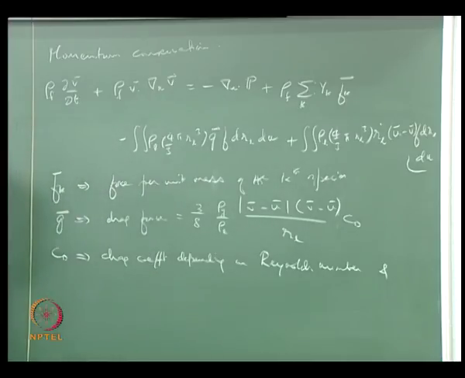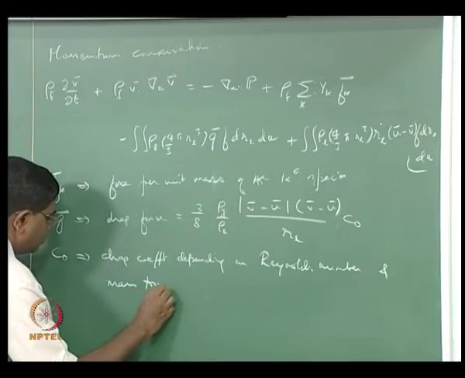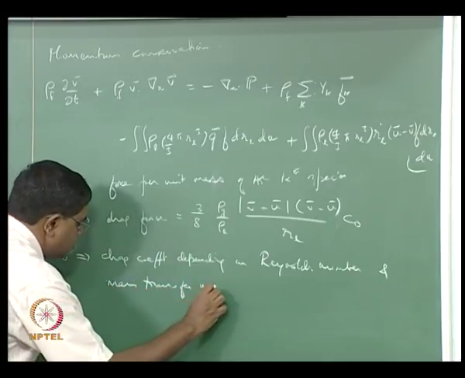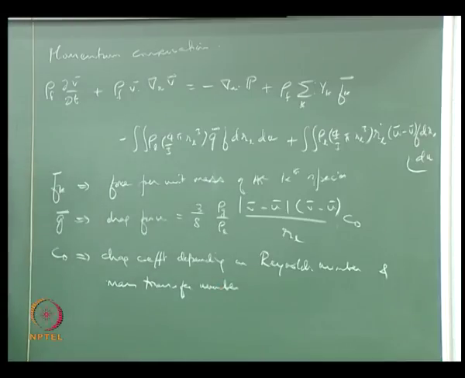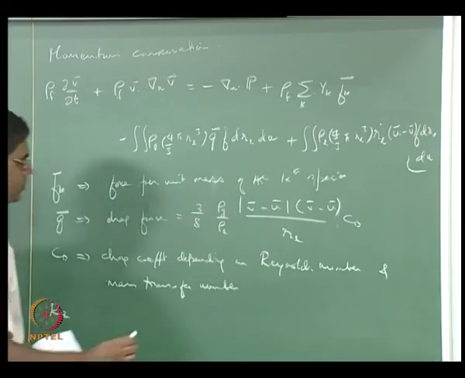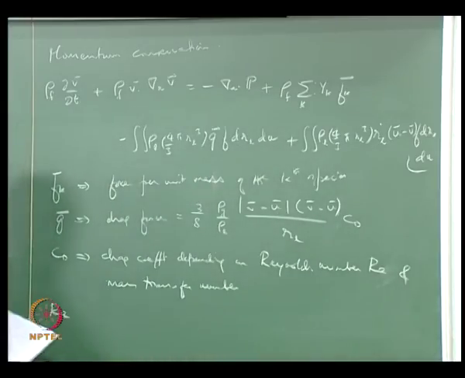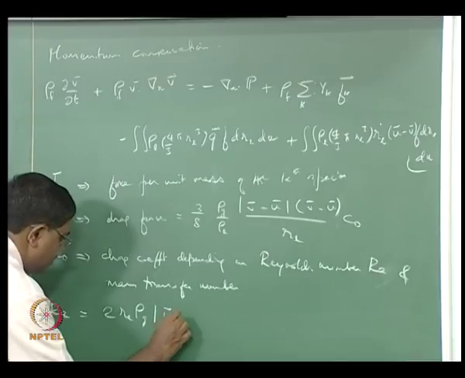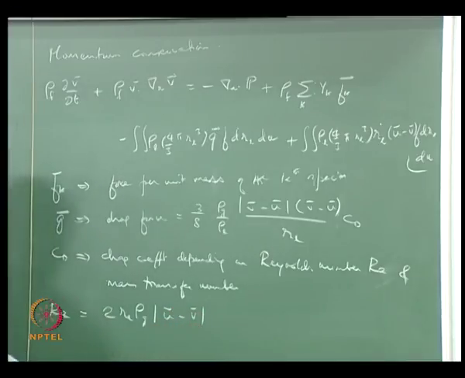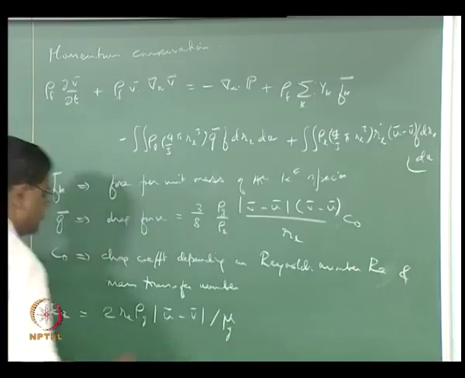Because you now have an evaporating droplet, it depends on the mass transfer number and the Reynolds number RE. So Reynolds number RE is equal to 2 RL, that gives you the diameter, times density times the relative velocity magnitude divided by the gas viscosity.